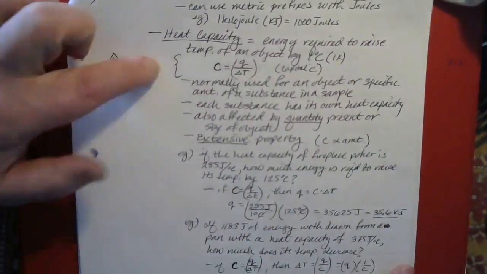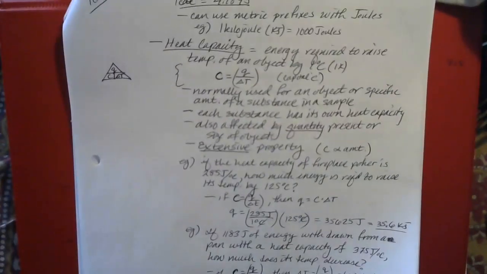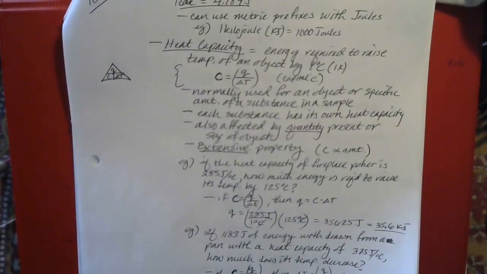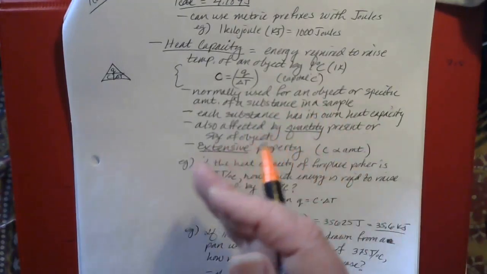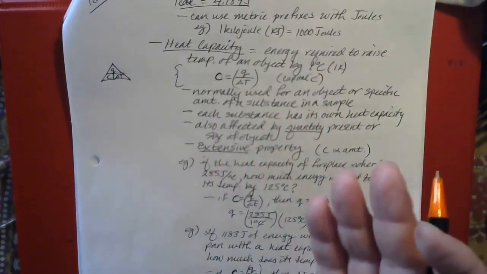Now, on the subject of heat capacity, for any given object, you can find a relationship between how much energy you add to it and how much the temperature changes. And that relationship is always the same for that particular object. So you add, say, 1,000 joules to an object and the temperature goes up 5 degrees.